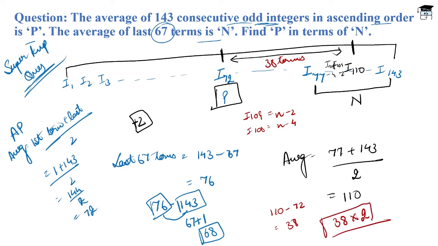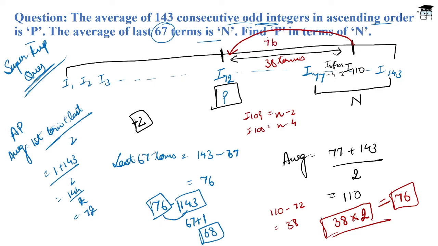Each one is decreasing by 2 because they are not just consecutive numbers, they are consecutive odd integers. So totally they are decreasing by 38 into 2, which is equal to 76. So from I110 to I72, the difference is 76.